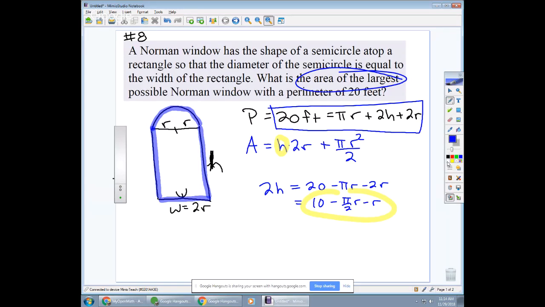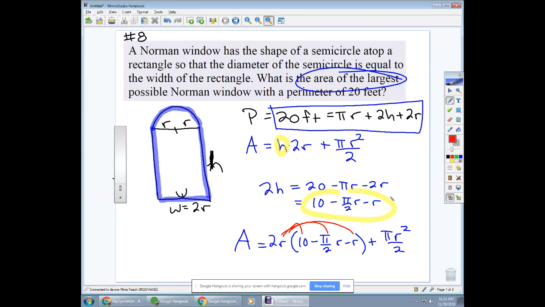So my area then is going to be, I think I'll write the 2r first, times this stuff in parentheses, plus pi r squared over 2. And it probably benefits us to clean this up a touch. So distributing, and then looking for like terms.